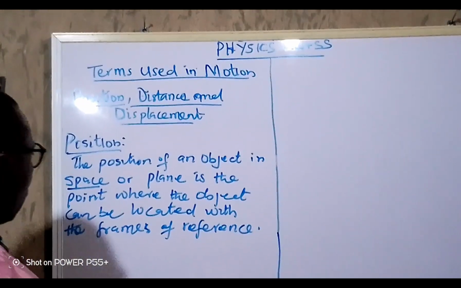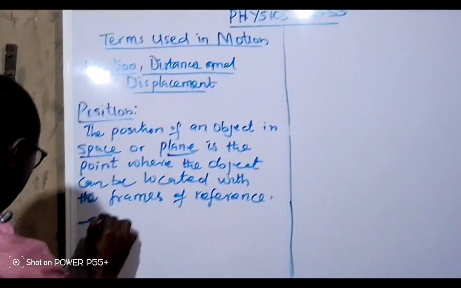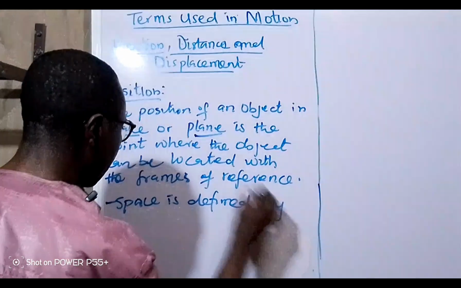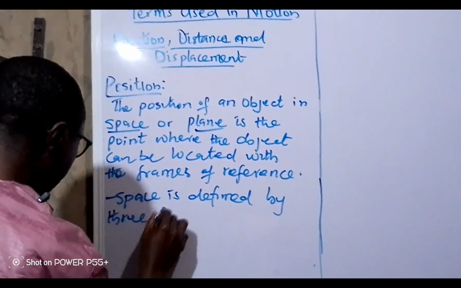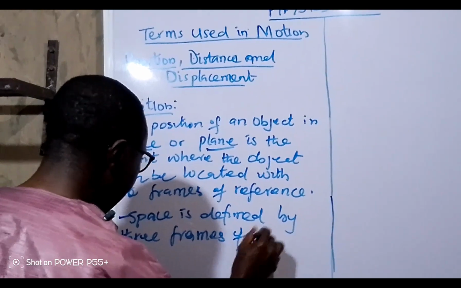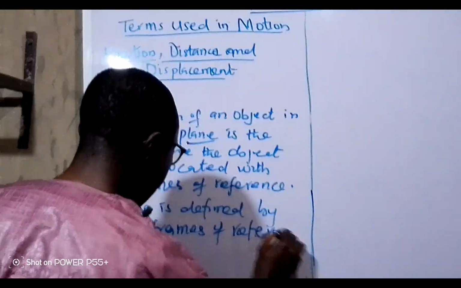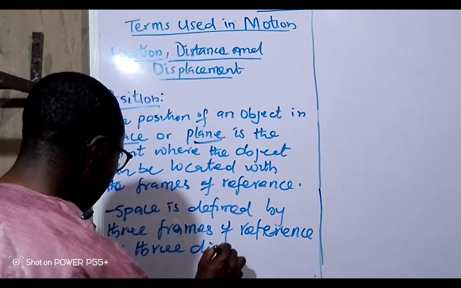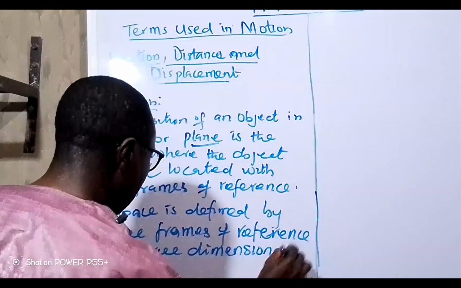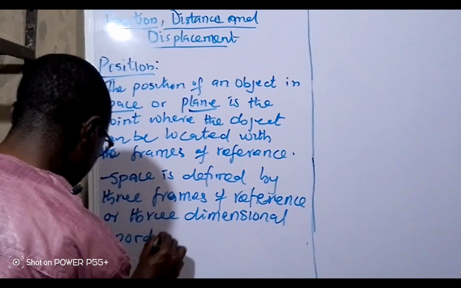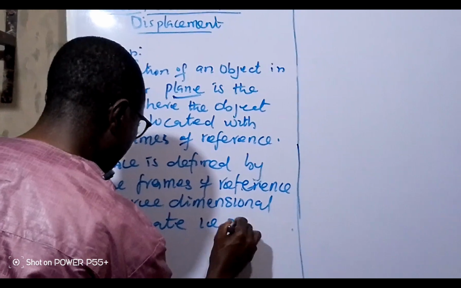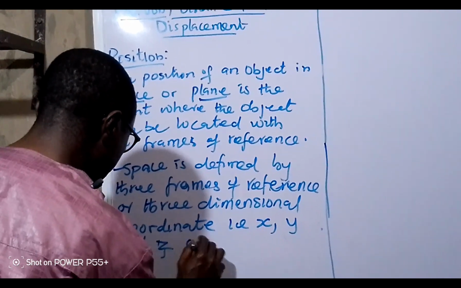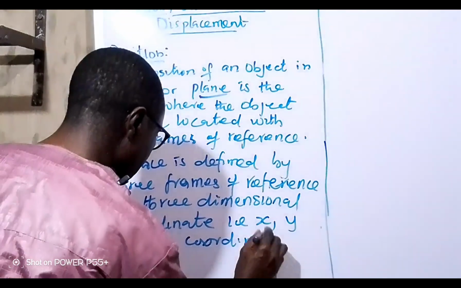And at the same time, we need to define what space and plane mean. Now, space is defined by 3 frames of reference, or 3-dimensional coordinate, that is X, Y, and Z coordinate system.